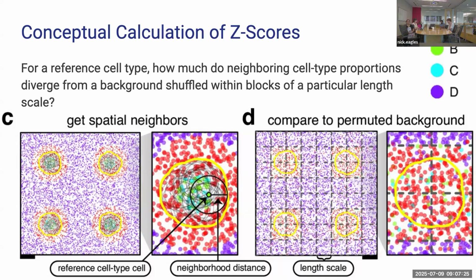The basic question that this slide is answering is, if you have a reference cell type, you look at the neighboring cell type proportions, and you want to see how much those diverge from a background when you do this shuffling procedure. To explain a little more, in figure C here, we're looking at cell type B as the reference cell type, this little light green cell type here.